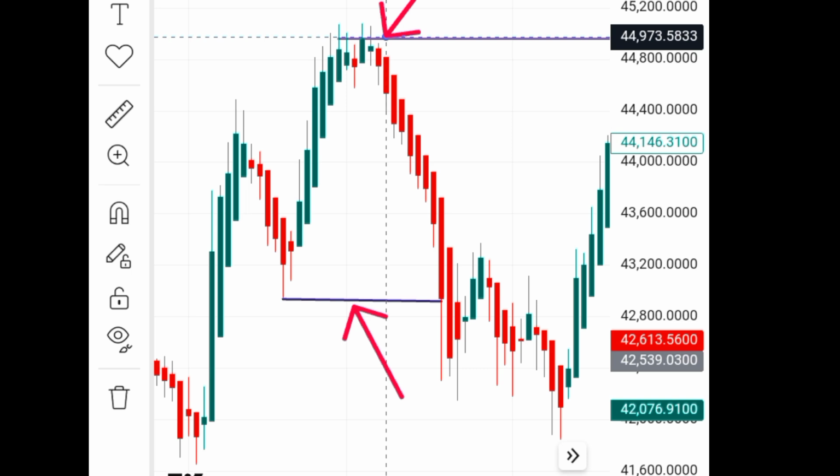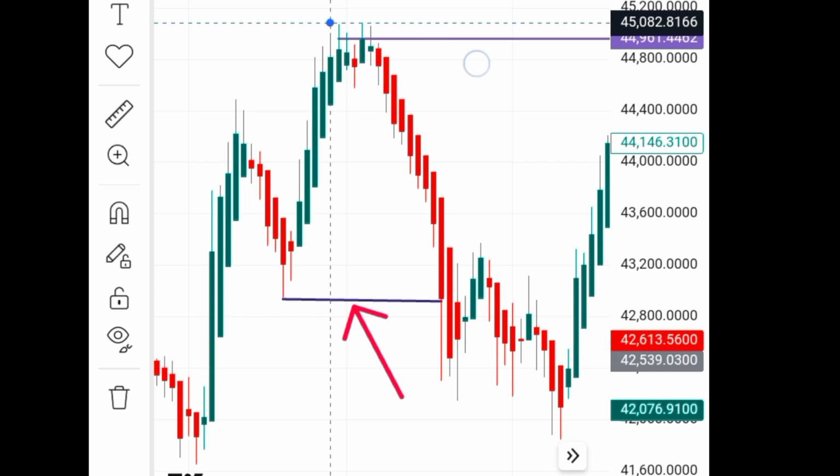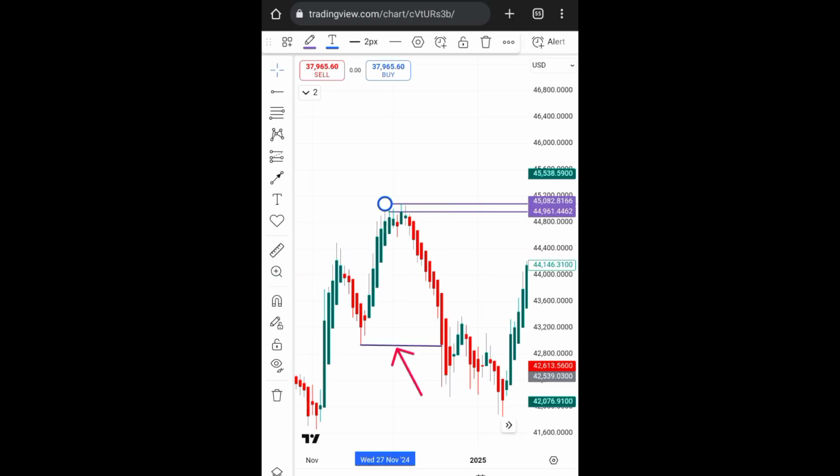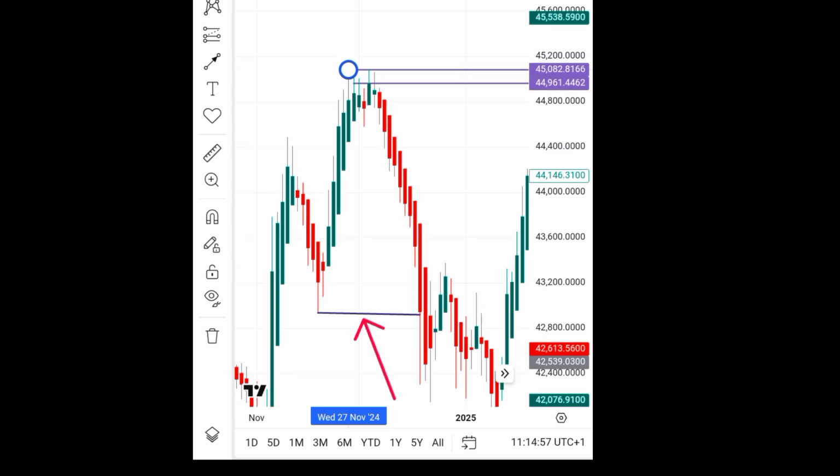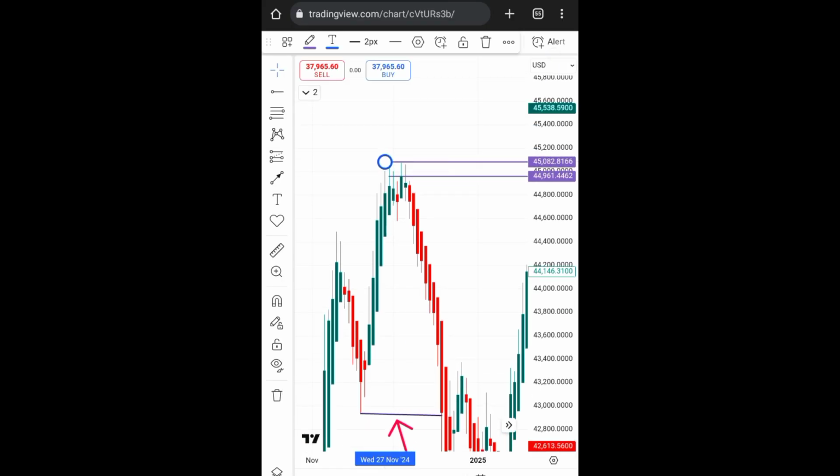Once we come inside this wick, we are expecting a bearish candle to happen inside, not outside. It has to open from inside, and part of the body has to close inside this wick before we can do anything.